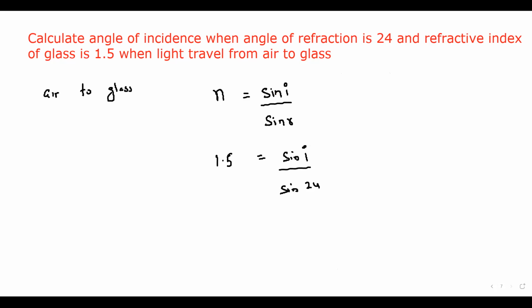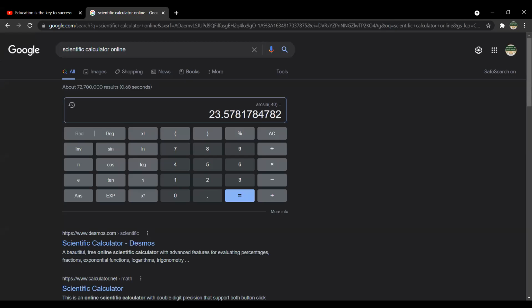Now we'll use a scientific calculator. As the light is moving from air to glass, it is sine angle I over sine angle R, and the angle of refraction given in the question is 24. So this is 1.5 equals sine I divided by sine 24.